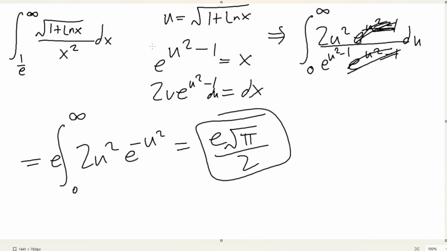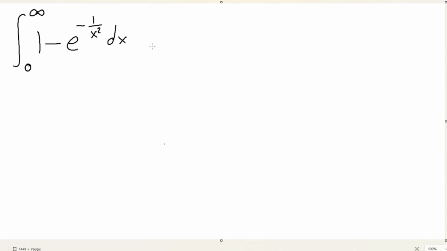Okay, this looks weird. This looks like it doesn't converge at all. So what on earth is this? Now this is going to be a little weird, but just trust me on this, okay? It's going to be very weird to see.